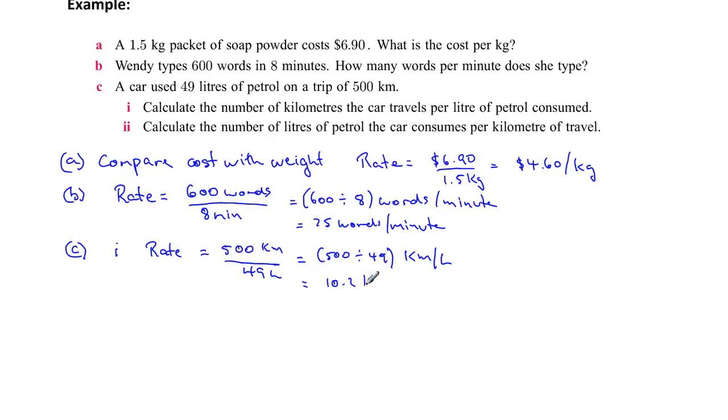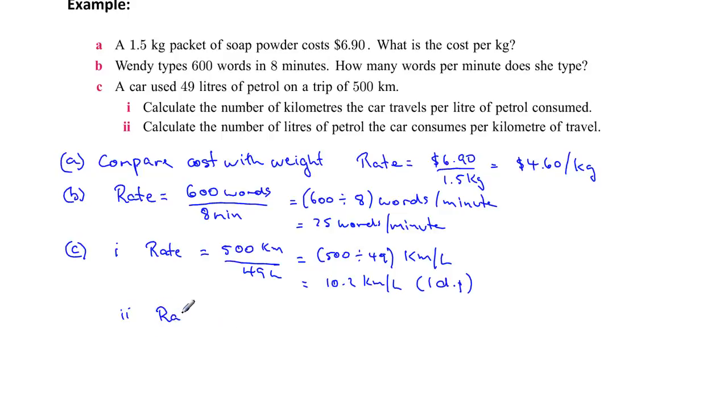So in this case, our answer is 10.2 kilometres per litre. You can check this with your calculator, and we better just write down that we've rounded this to 1 decimal place. And the second thing we needed to do was to calculate the number of litres of petrol a car consumes per kilometre of travel. So we're going to do this the other way.